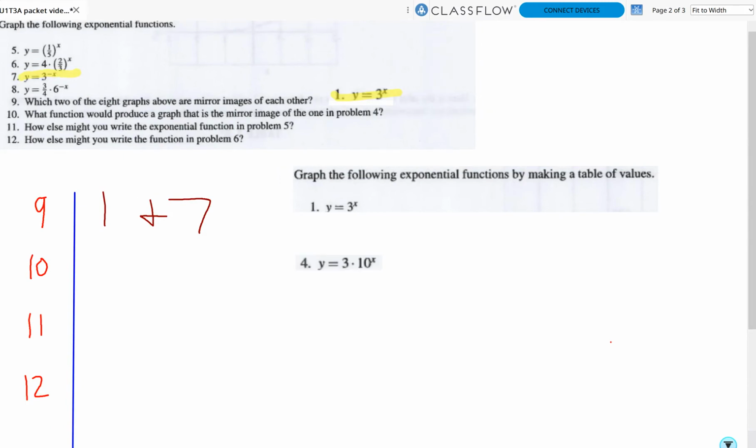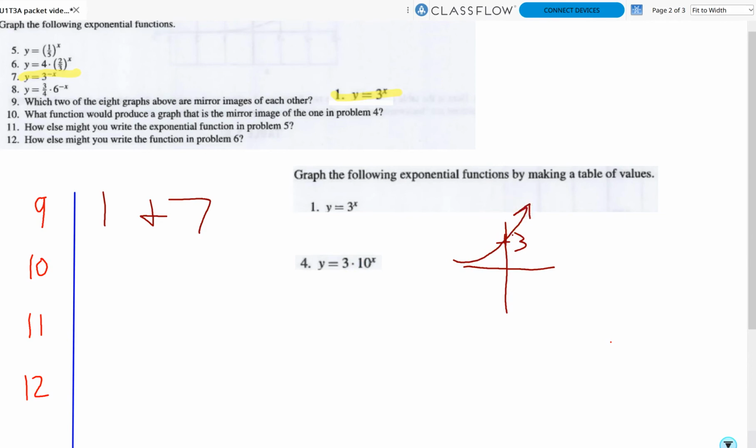I'm on question number 10 from the same homework from October 7th. So number 10 says, what function would produce a graph that's the mirror image of the one in problem 4? Problem 4 is 3 times 10 to the x power, which looks like this. So 3 is going to be my y-intercept. It's an increasing graph because 10 is greater than 1.